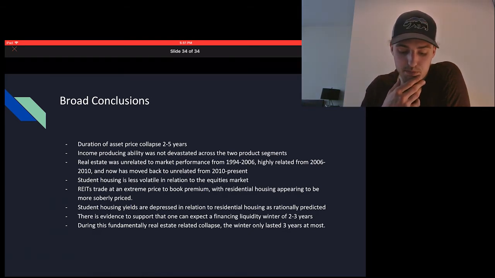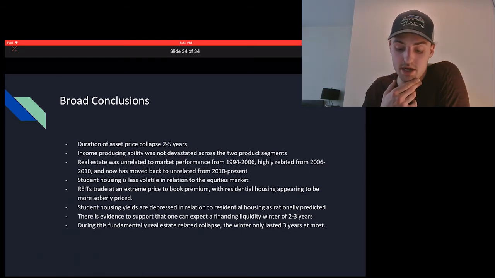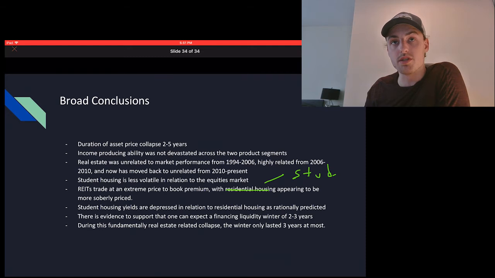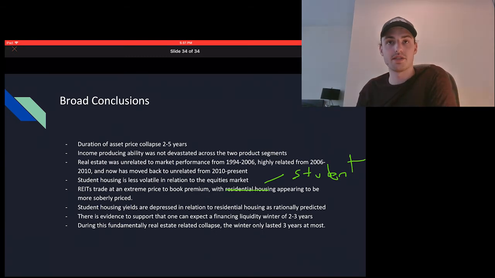Another broad conclusion is that REITs trade at an extreme price to book premium, with residential housing appearing that way, not student housing, with student housing appearing to be more soberly priced, trading at less crazy premiums.